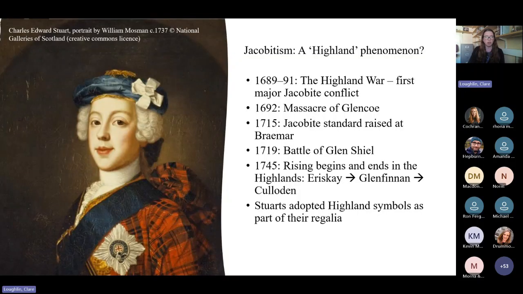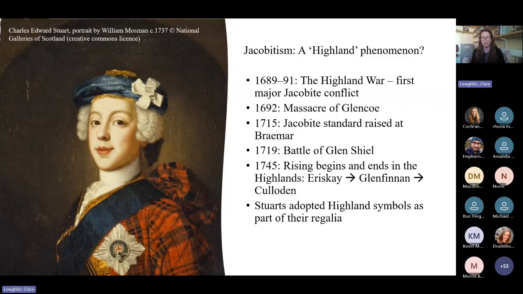So there's a lot of stereotypes and perhaps misunderstanding about what Jacobitism was and the kinds of people who supported this idea. And one of the biggest ideas is that Jacobitism was this Highland phenomenon. Now, it makes a lot of sense that people think this. Jacobitism in many ways sort of starts and ends in the Highlands.